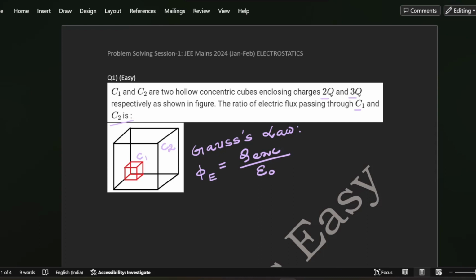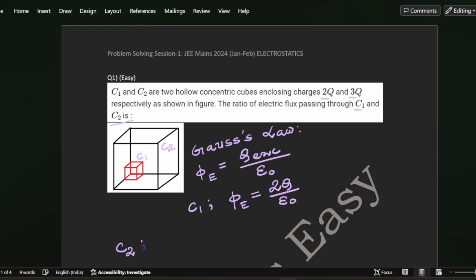And as you know, epsilon naught stands for the absolute permittivity of free space. So for the C1 cube, the smaller cube, the charge enclosed by it is only 2q. So we'll write 2q divided by epsilon naught, very easy.